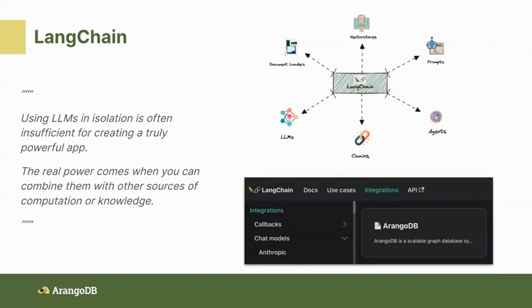LangChain was introduced sometime last year, and it has been blowing up ever since. It's a framework that amplifies the usage of LLMs by integrating them with other systems and technologies. So you can think of it as the Swiss Army knife library of LLM usage. It's more than just about the language models.